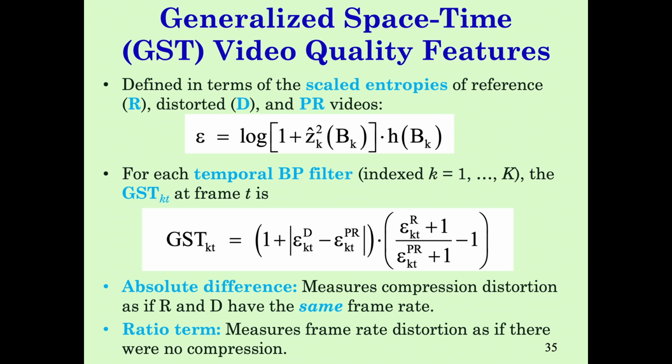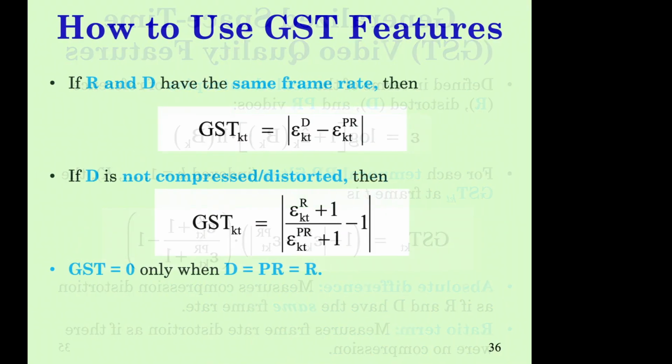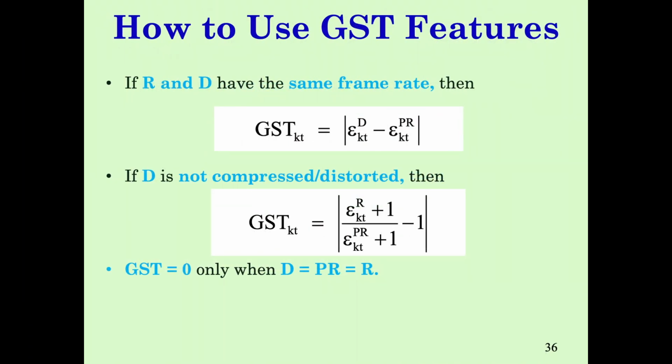One of these measures compression distortion, and the other measures frame rate distortion independently. To see that, let's suppose there is no frame rate distortion because the reference and distorted have the same frame rate; then it collapses to just a difference that isolates compression distortion. If it's not compressed, but just has a different frame rate, then it isolates to a comparison between reference and pseudo-reference. It captures just frame rate distortion.